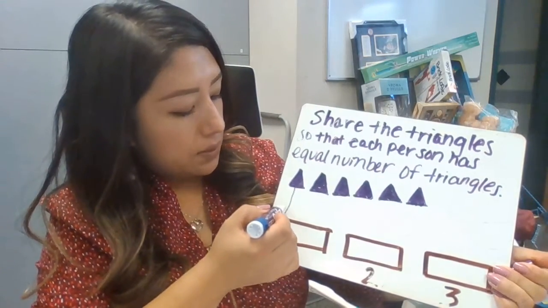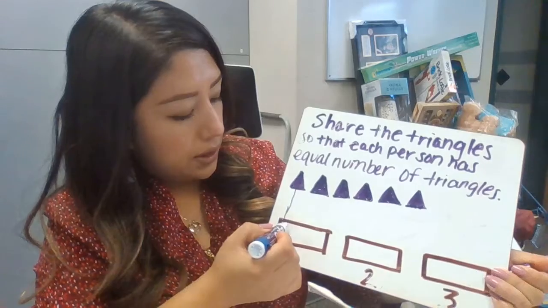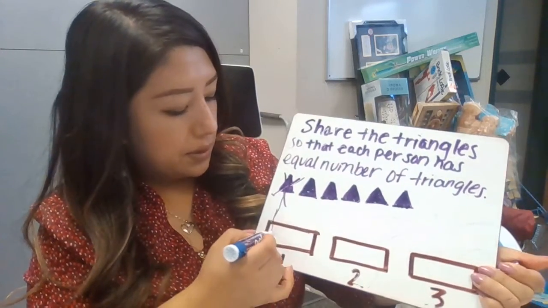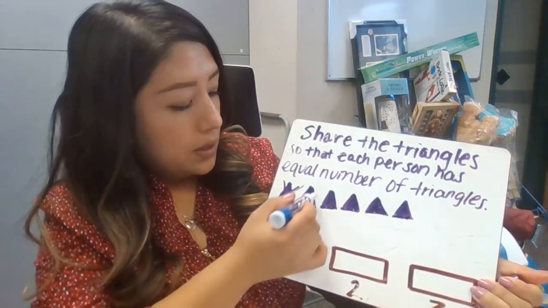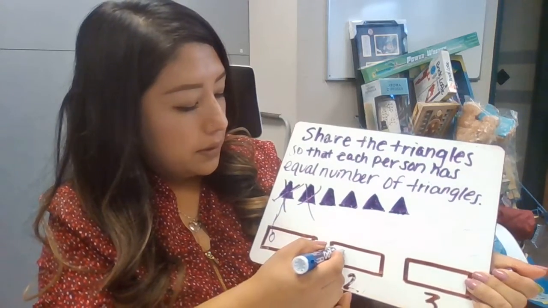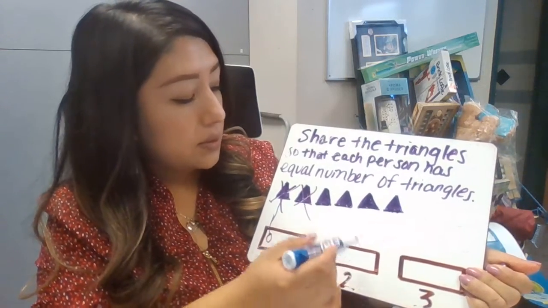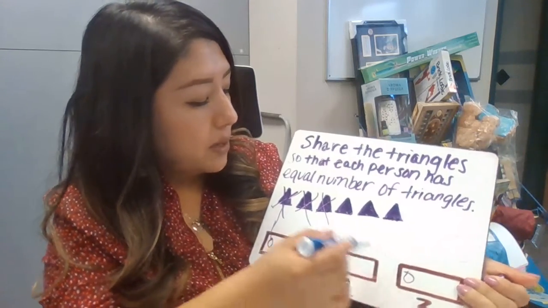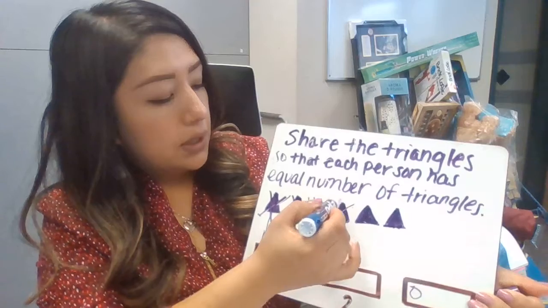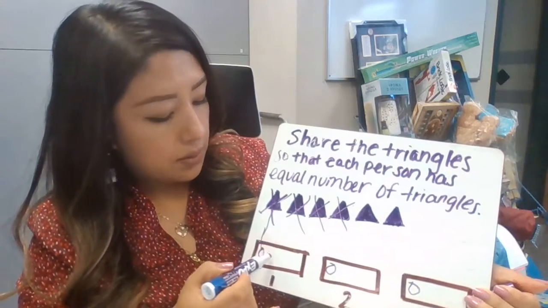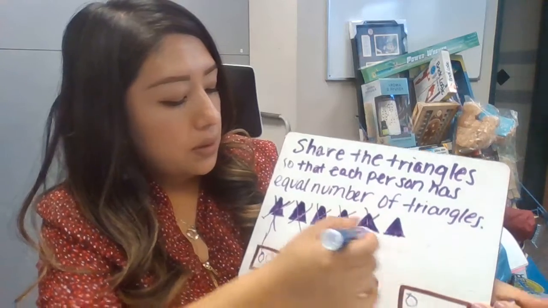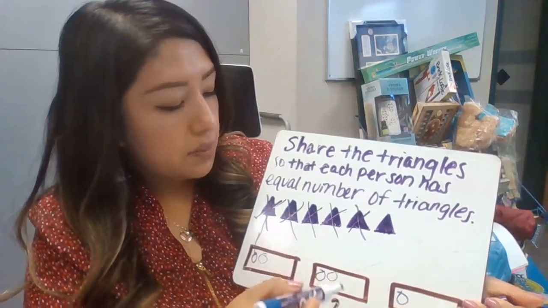So I can just move this triangle into here, cross it off, and again, I'm going to represent it with the circle. The second triangle, I'm going to move to the second person's spot. The third triangle to the third person's spot. I'll start over again. With this triangle, I'll move it to the first person's spot. This triangle, I'll move over to the second person's spot.